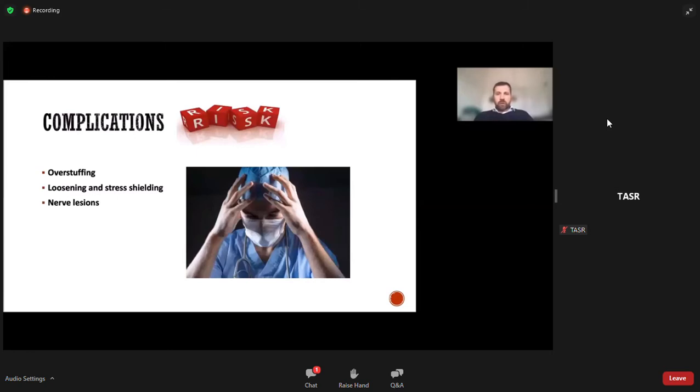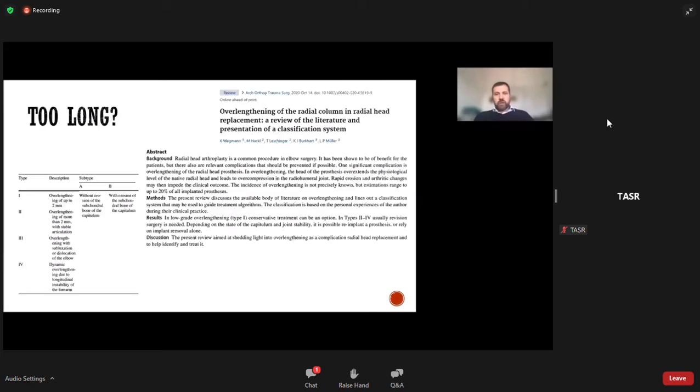Complications, of course: you are at risk of overstuffing, loosening, stress shielding, and nerve lesion. But of course, you can limit all of them. By definition, over-tensioning the radial column is a problem because you will have chondral erosion. And remember that your radial head replacement is an endoprosthesis, it's not a total joint replacement.